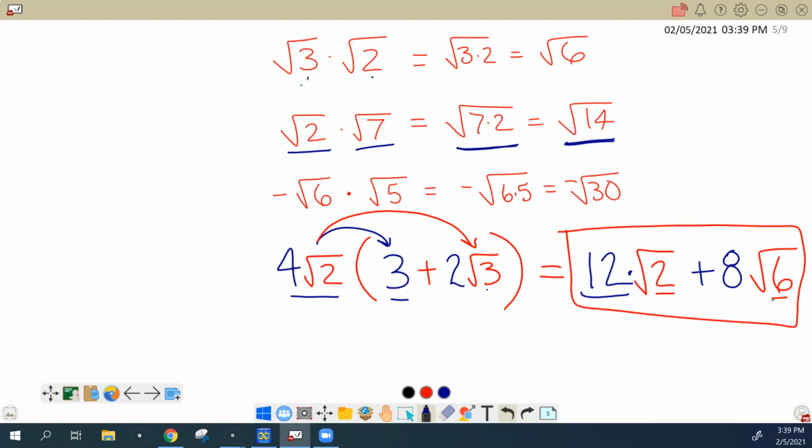And finally, to recall from the previous video, this is as simplified as you're going to get this expression, okay? Because you can only add radicals that have exactly the same radicand or base, okay? So, next concept.